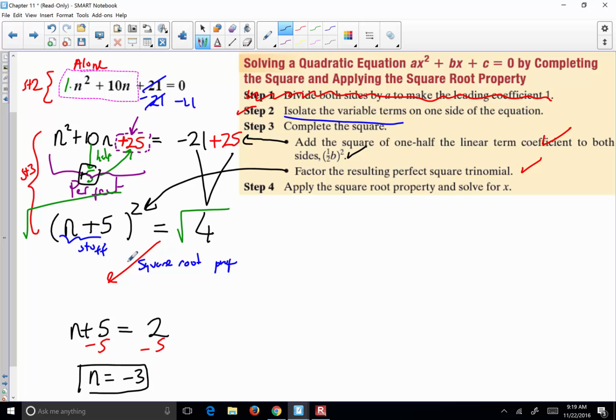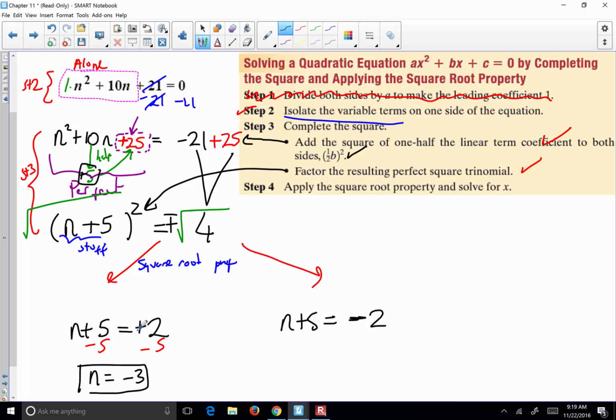Yeah, this is a mistake. Most of the time you just take a look at the positive side. The square root property says when you take the square root of both sides, the equation separates into 2 parts: positive and negative of this number. There is a plus minus in front of this number. So you need to take the negative root of 4 as well, which is negative 2.